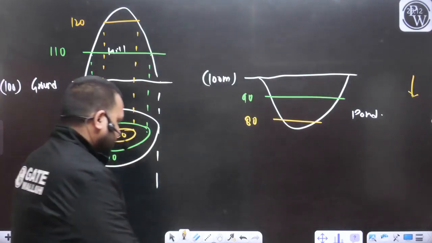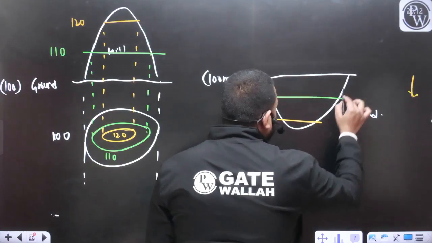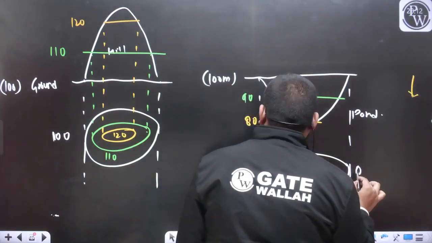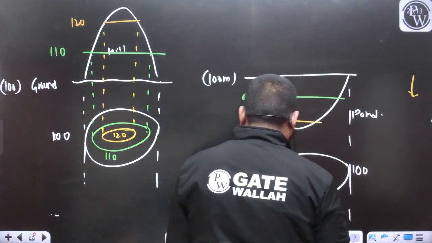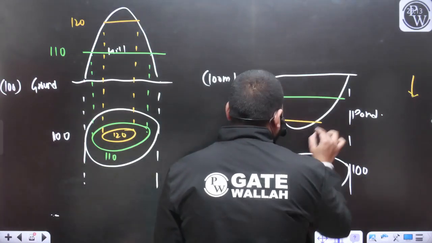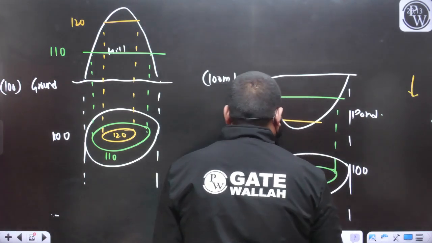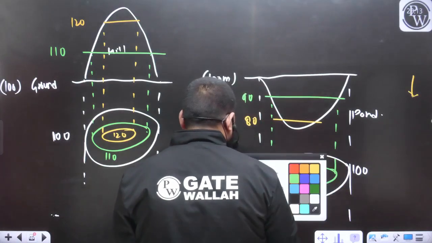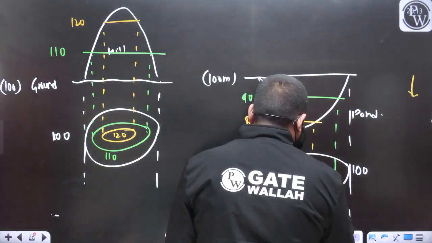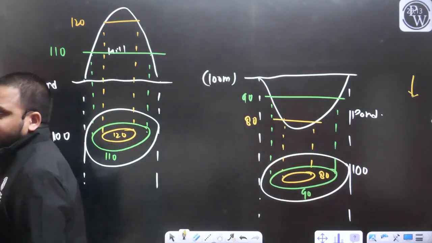Similarly, when I get the contour map for the other one, this is going to be the contour of 100, this is going to be the contour of 90, and this will be the contour of 80.